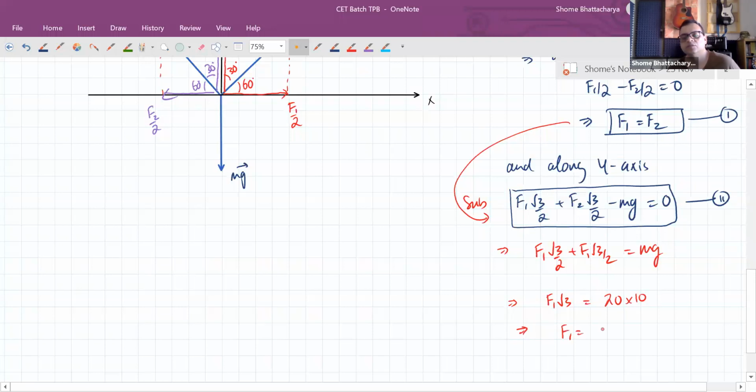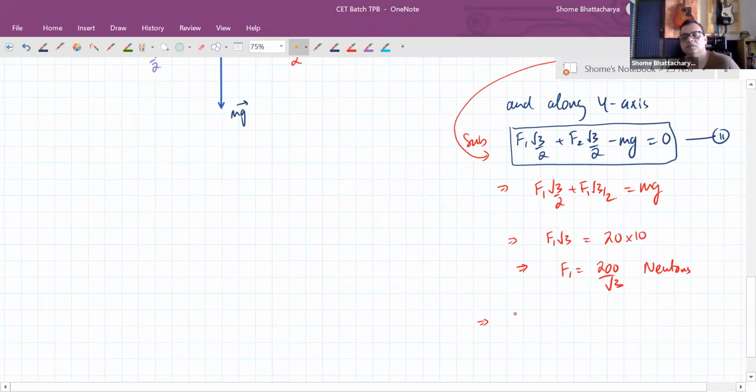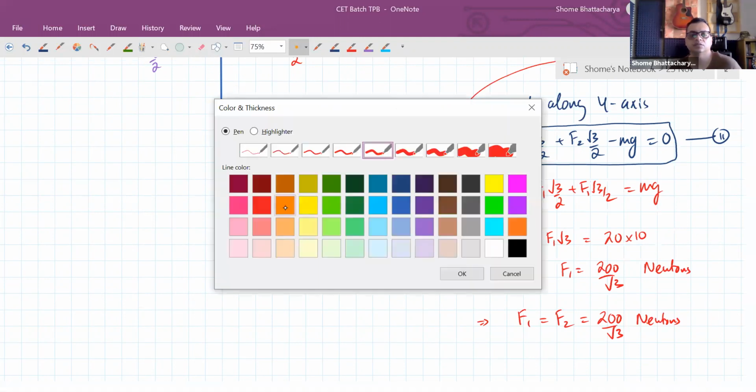So F1 is equal to 200 by root 3 newtons. So ultimately we understand that F1's magnitude is equal to F2's magnitude, which is equal to 200 by root 3 newtons. So this becomes our final answer over there.